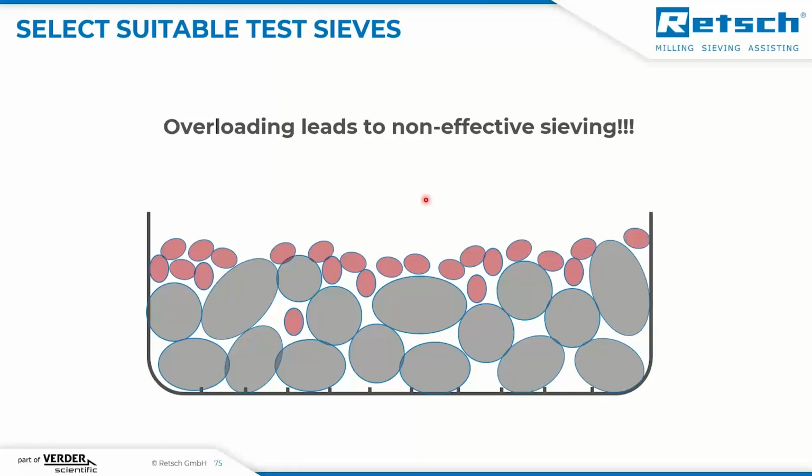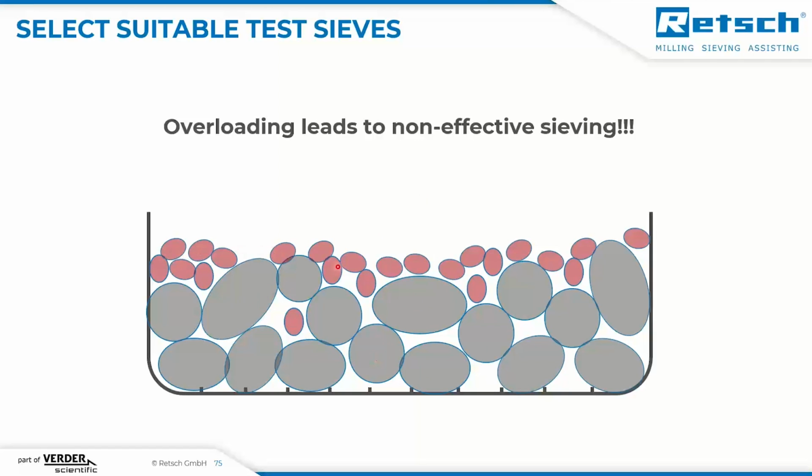And if you do not take this into account, then it has two effects. You can damage the sieves with very fine aperture sizes because the mesh wire is not that durable. Or, what is more important to my mind, you will come to non-effective sieving, because the sieve is completely blocked by these large particles, which are the remainder afterwards.